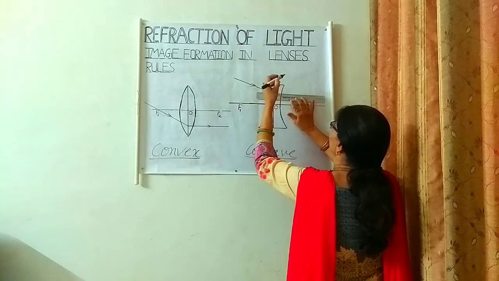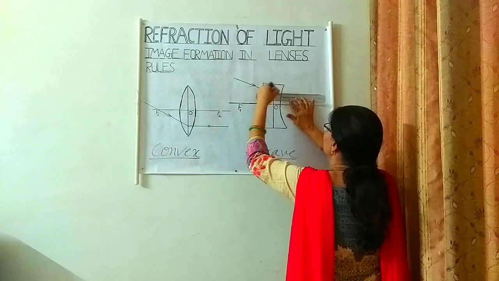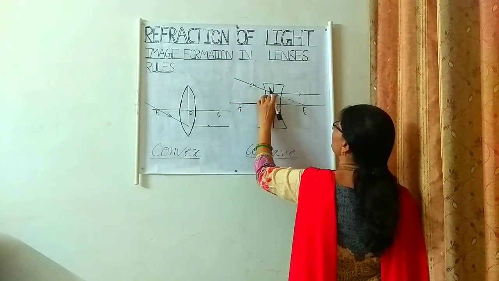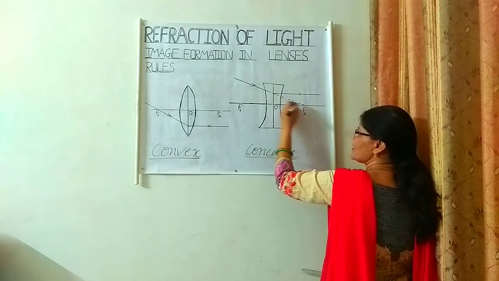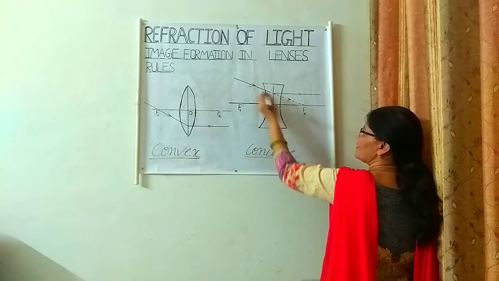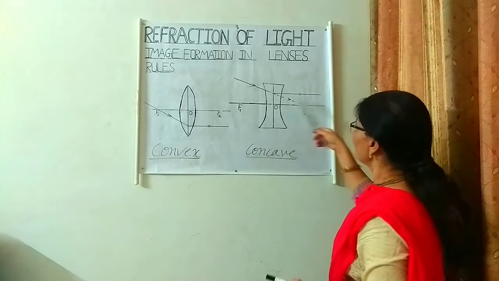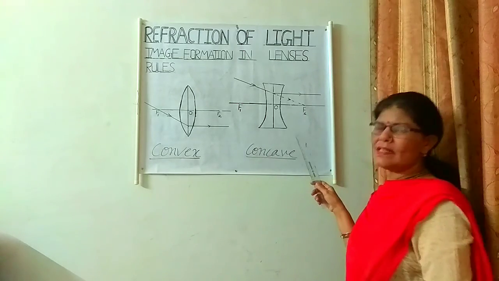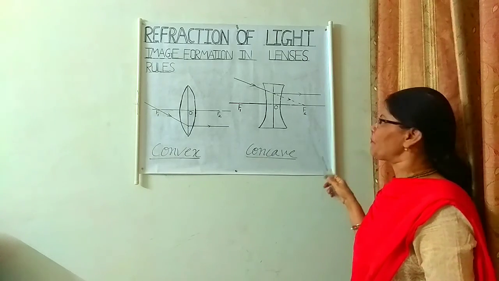So the refracted ray we will start from here, and it will go parallel to the principal axis. This is our refracted ray. This is our incident ray. So this is about the second rule.